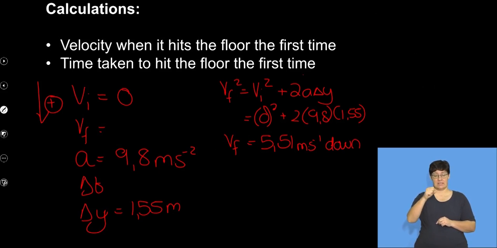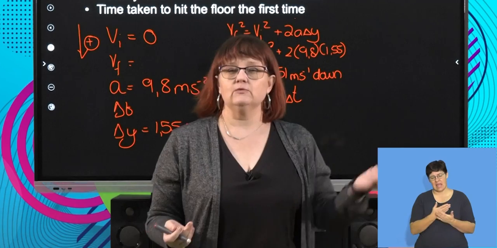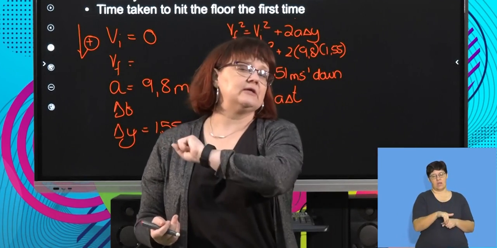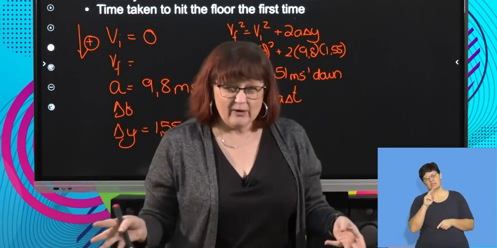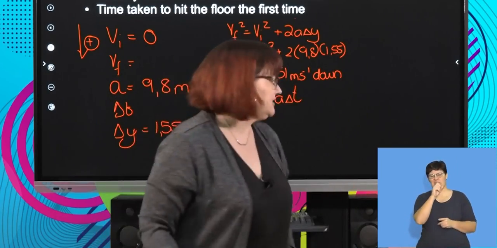What I also need to know is the time taken. At this point, I have several equations I can use. I'm just going to use the one that, quite frankly, is the easiest, which is Vf equals Vi plus a delta t. Of course, you could use delta y equals Vi delta t plus a half a delta t squared, the other one, but then there's a square on the t, and let's just make maths easier.